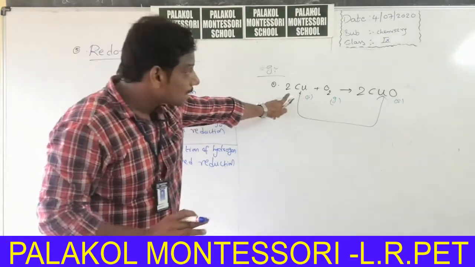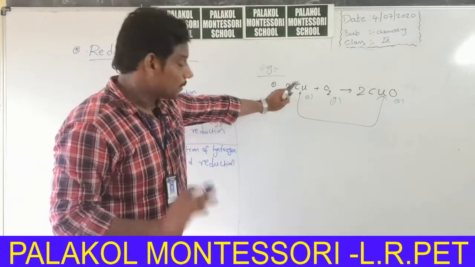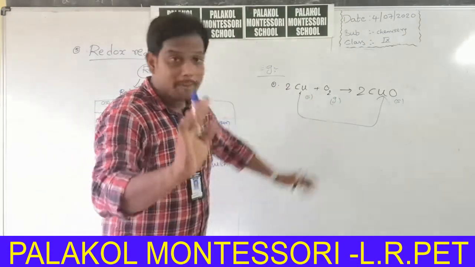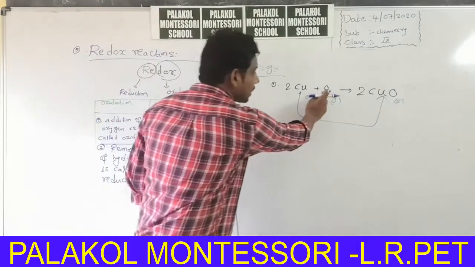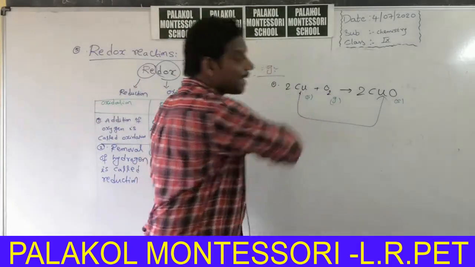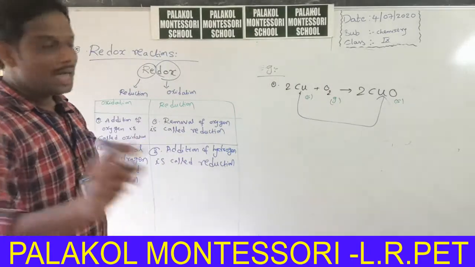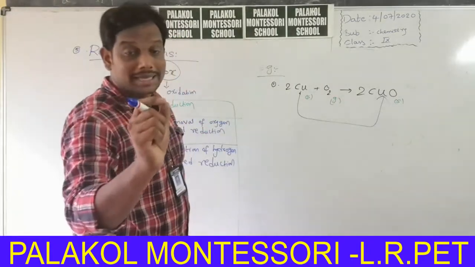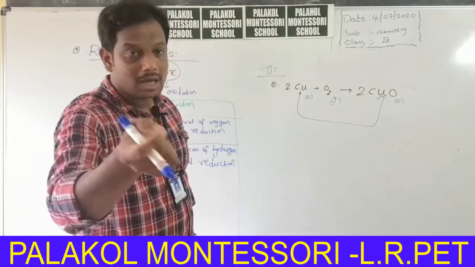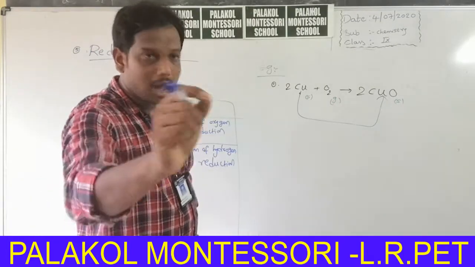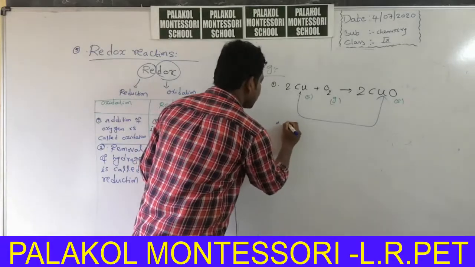Here, addition of oxygen to copper takes place, yes or no? Addition of oxygen to copper takes place. So it is an example of addition of oxygen being called oxidation. In this example, copper is oxidized. That means the oxidation process takes place on copper.